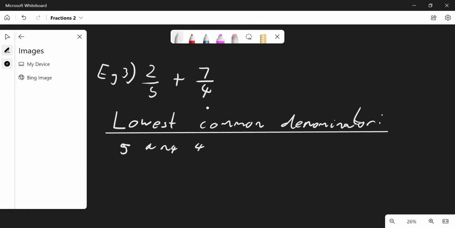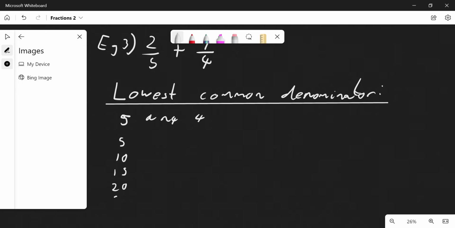If we think about it, let's think about the multiples of 5. The multiples of 5 are 5, 10, 15, 20, and let's go up to 25. Now 5 can divide into all of these: once, twice, third, 4 times, 5 times.